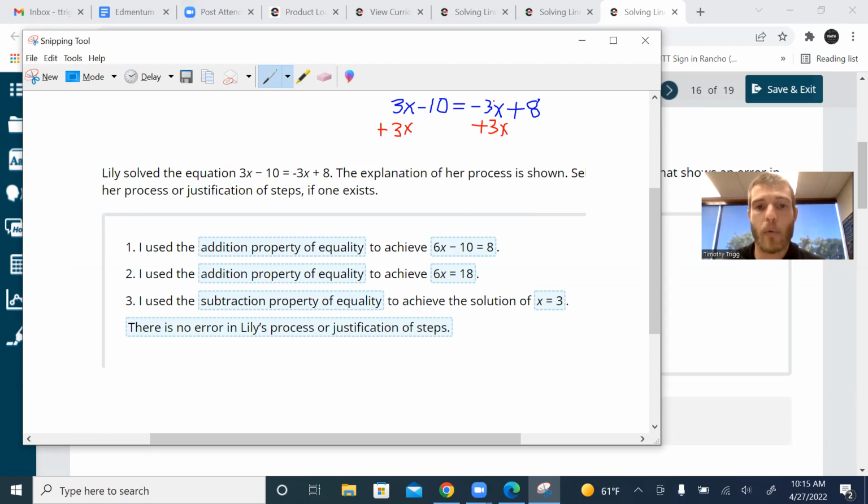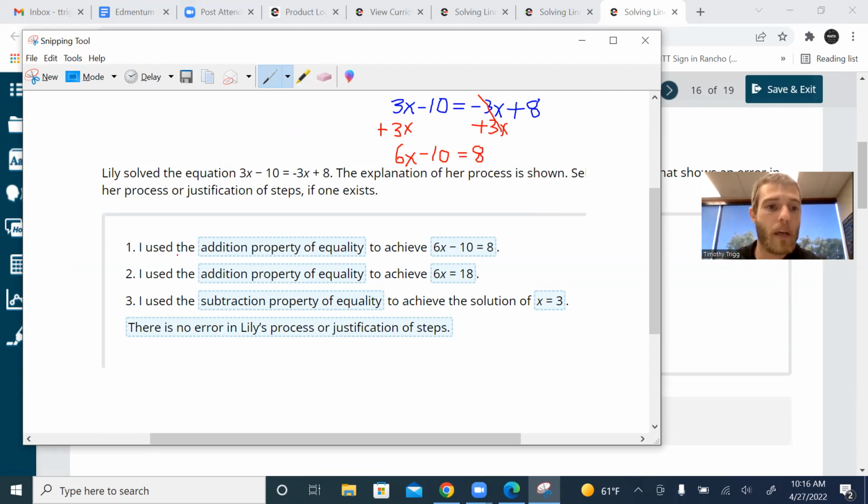On the right side, the -3x and +3x cancel. On the left side, we have 3x plus 3x, that's 6x. So in total on the left we have 6x minus 10 equals, and on the right, after the x's cancel, you have 8.